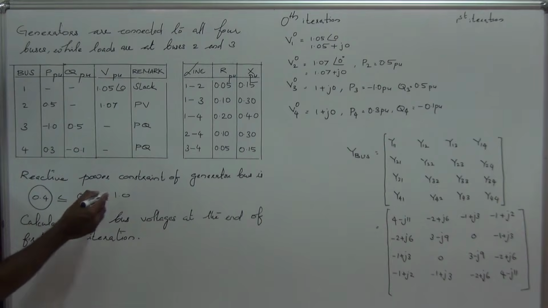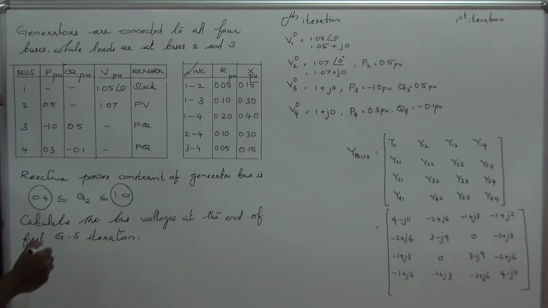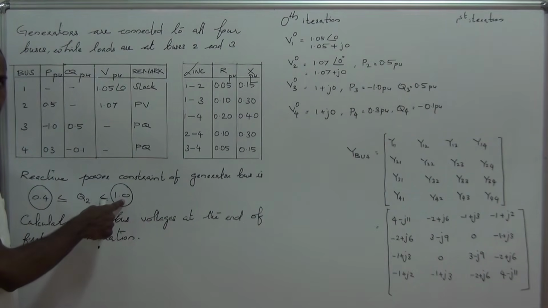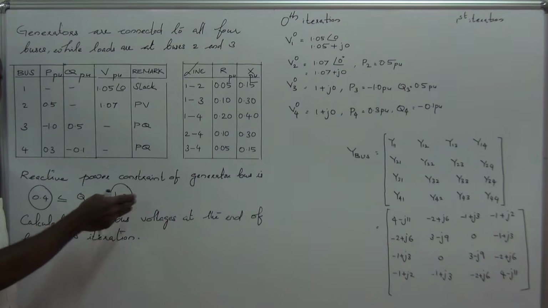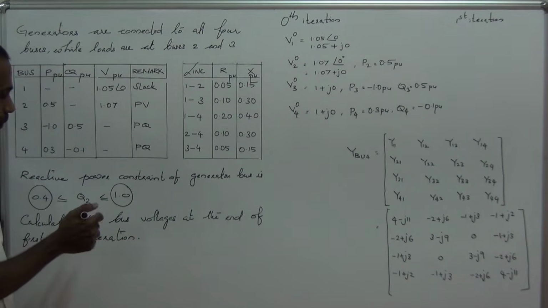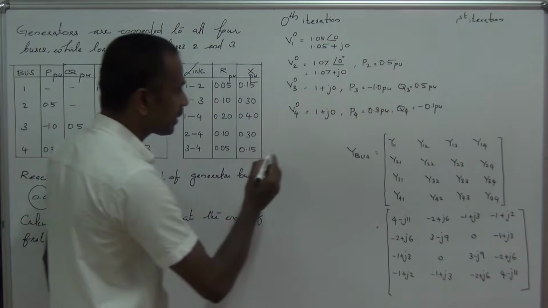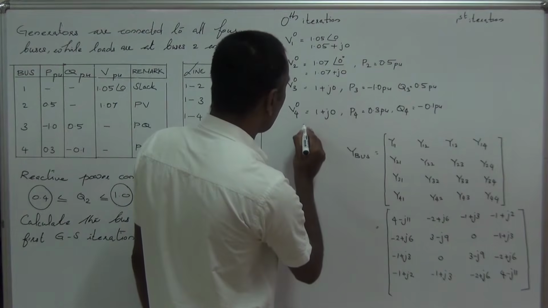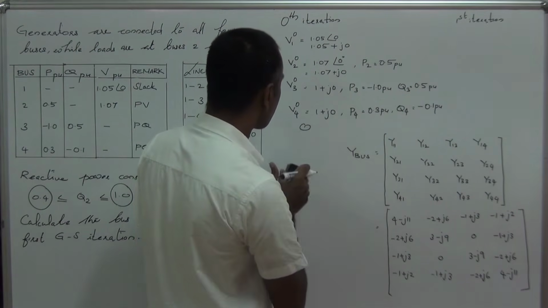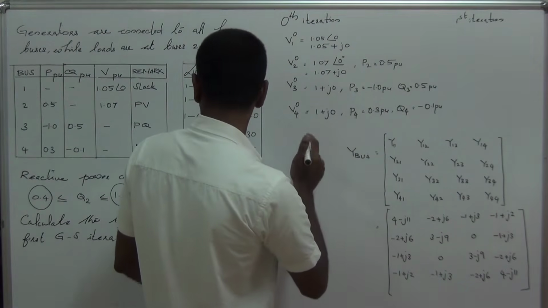affected. This can produce a maximum reactive power of 1 per unit because of the rotor overheating. If this machine is forced to produce a reactive power more than this 1 per unit, then the rotor of the generator will be overheated. So these are the constraints of our reactive power generation.